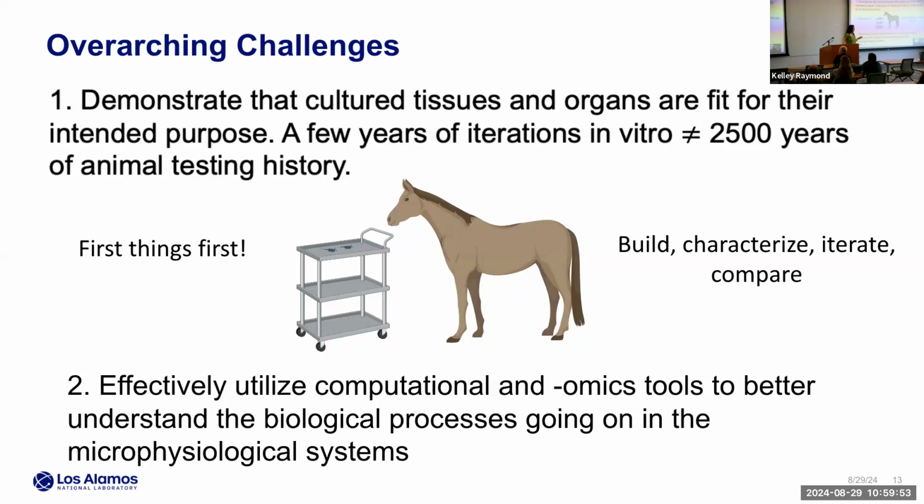Let's say, for example, you want to work with the FDA and have an organ validated to replace a specific test in preclinical testing. You need to demonstrate that, and they do have an alternate methods working group, which is very, very helpful.